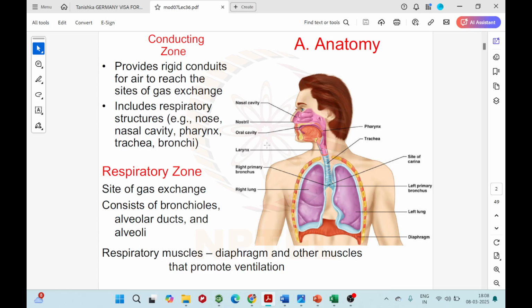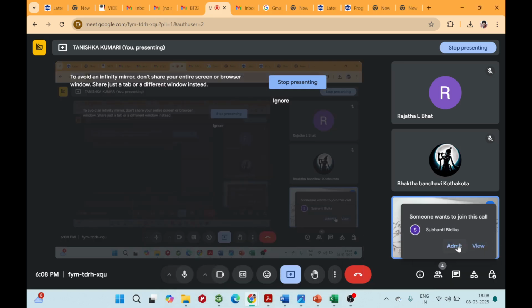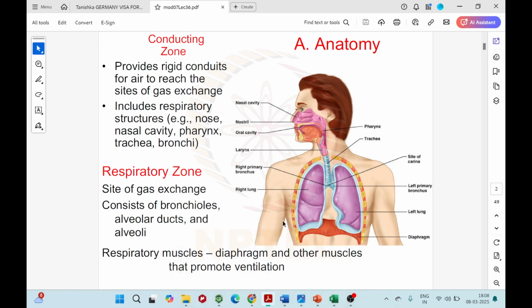Here you can see the image, and if we want to divide our respiratory system, we can divide it into two zones. The first zone is the conducting zone. This provides rigid conductors for air to reach the sites of gas exchange.